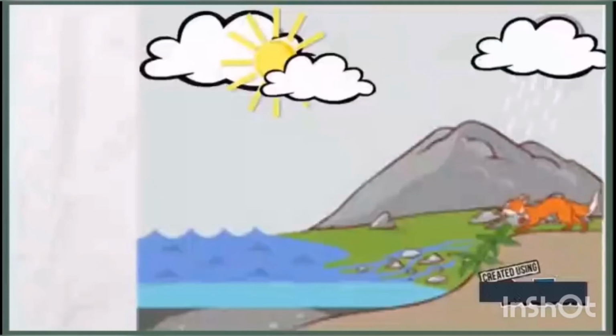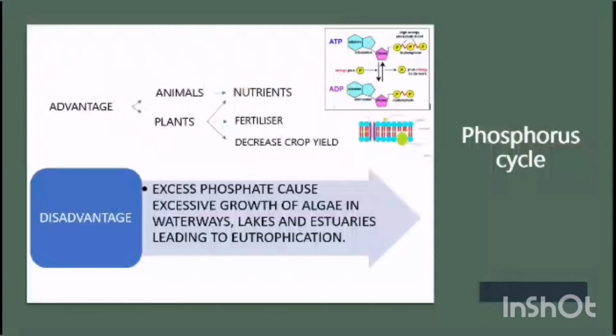So we proceed to the advantages and disadvantages of phosphorus. Phosphorus is an important nutrient for animals and plants. It plays a critical role in cell development and is a key component of molecules that store energy, such as ATP, DNA, and lipids.